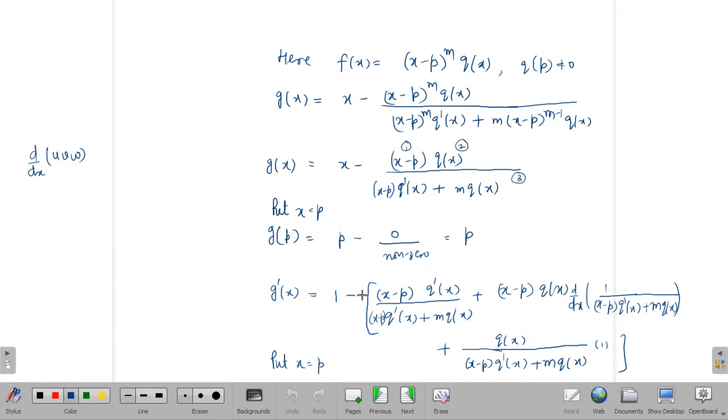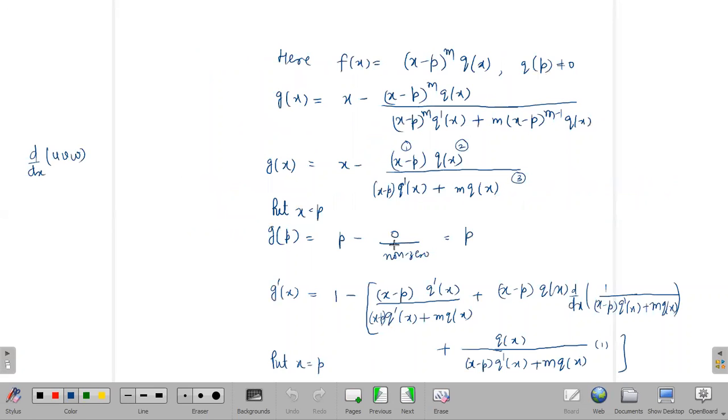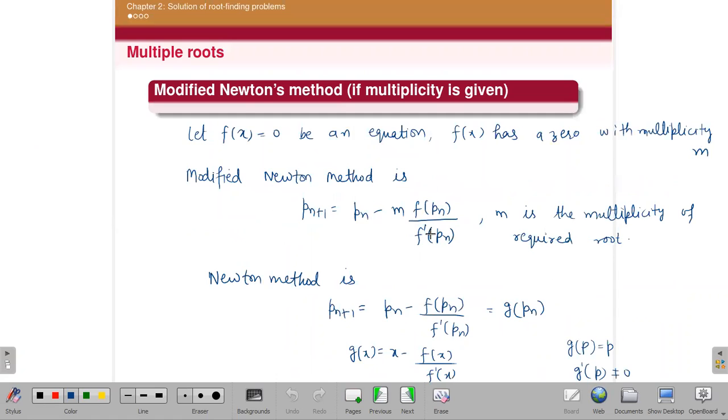Then m by m will get cancelled, it will become 1. 1 minus 1 will be 0, so that g dash p should be 0. So that's why we have modified our method to get the quadratic convergence, so that our g dash p will become 0. So that's why we have multiplied here with m number.